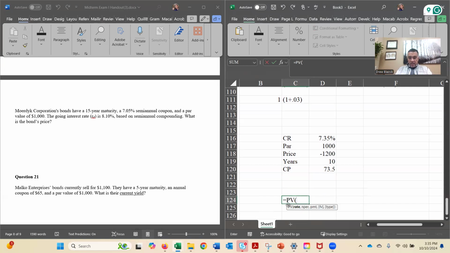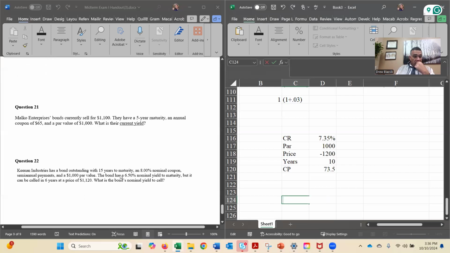What is the interest rate? 0.0810. It's 8.1%. Divide by 2, right? You got to look at semi-annual payments, comma, total number of payments. 2 times 15 is 30. And then PMT is roughly 35. 7.05 times 1,000 divided by 2. And then the future value is 1,000. That'll be the correct answer.